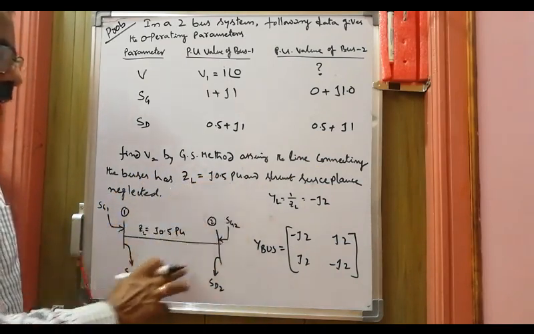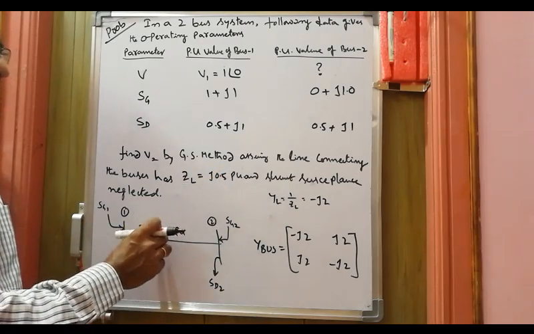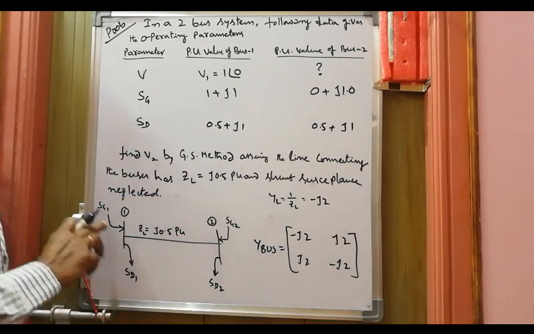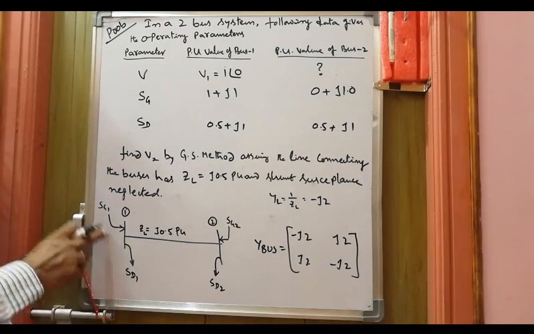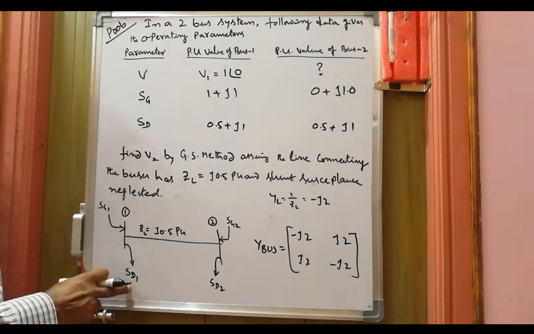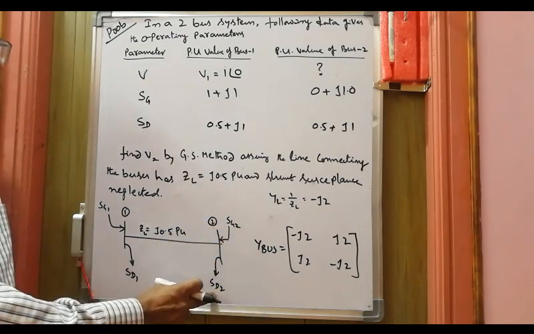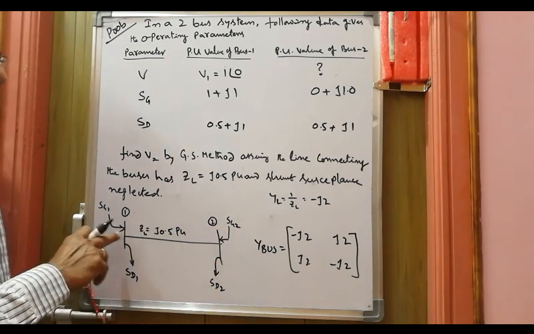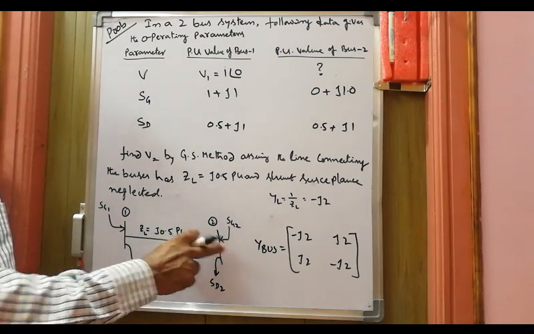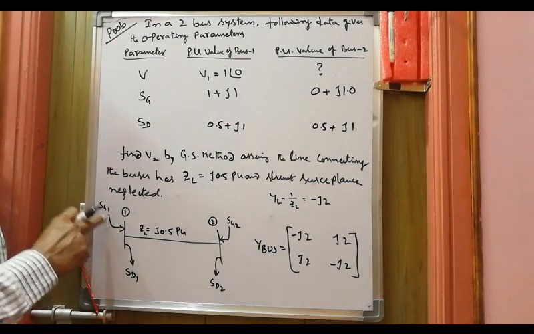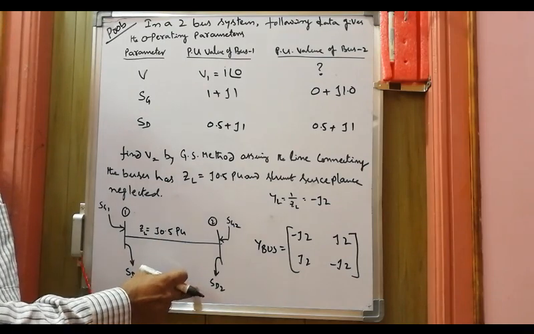So you can draw this system: bus 1, bus 2, with the connecting line of ZL j0.5, and generation SG1 and load SD1 at bus 1, similarly SG2 and SD2 at bus 2. Then what we want is the net power injected: S1 is SG1 minus SD1, and S2 is SG2 minus SD2.